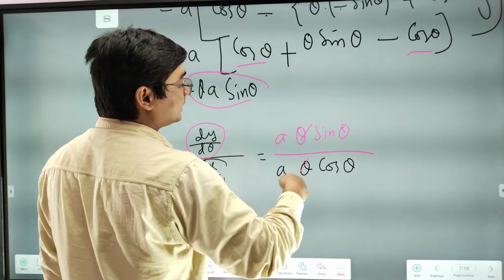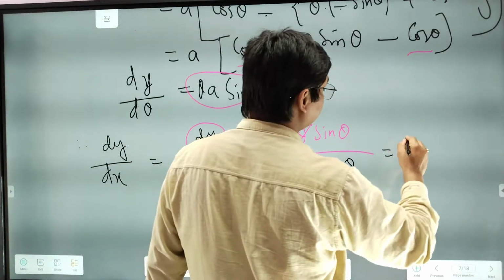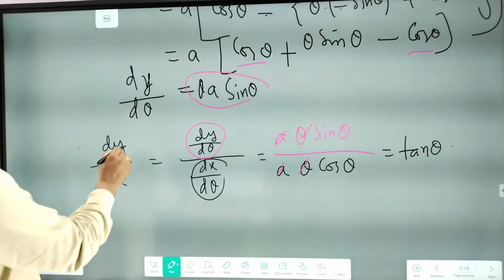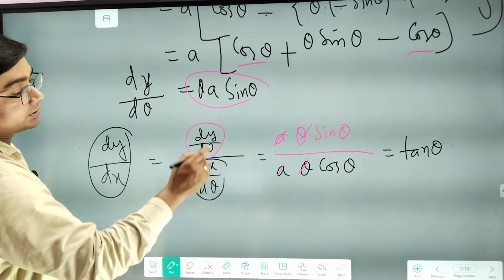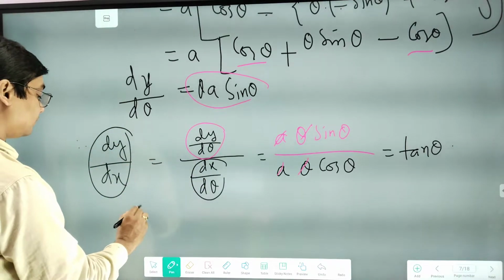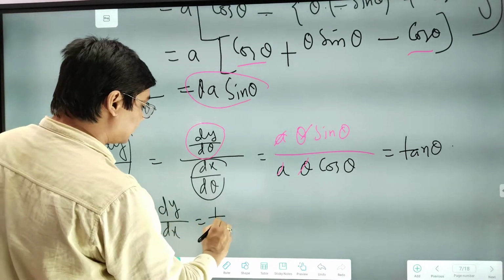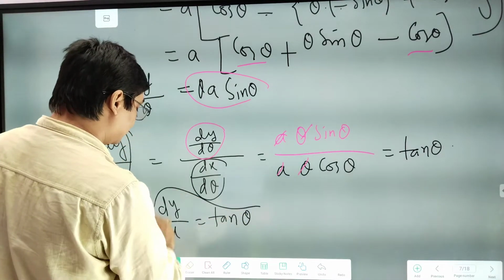So the a theta will be cancelled, and here tan theta will be there. So finally dy by dx equals tan theta. So we get this value.